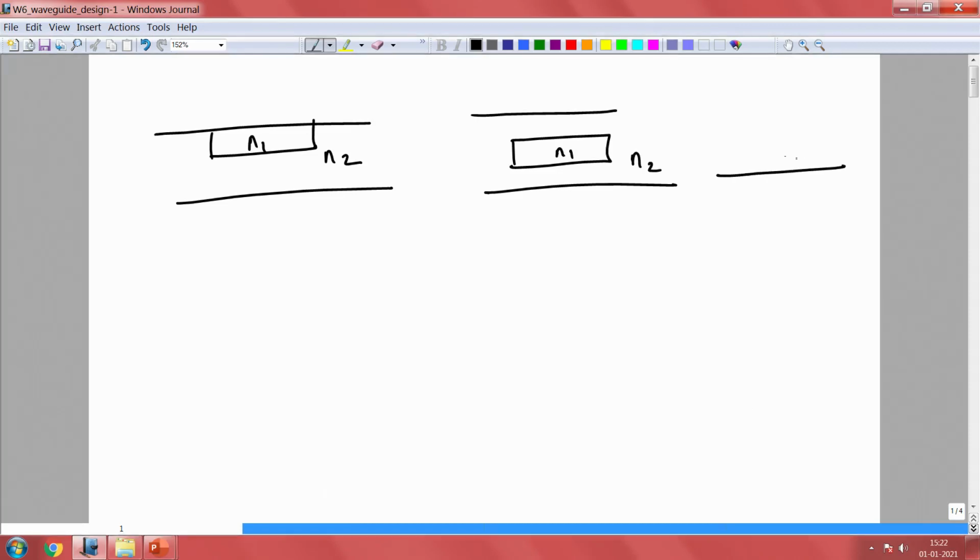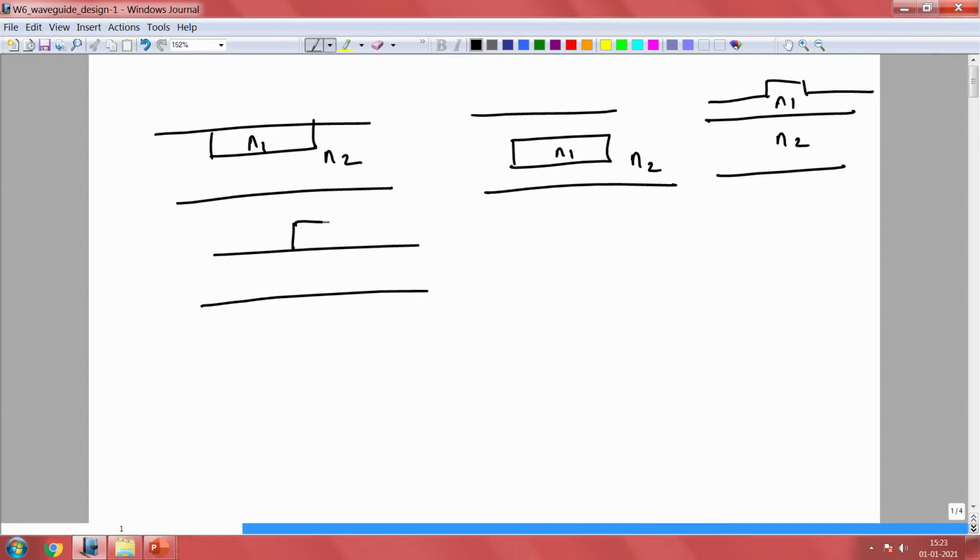And you could have another type of structure where you have N1 and N2. There is one more where you could have something like this. N1 in all cases is greater than N2. So, these are all different types of rectangular waveguides, right.